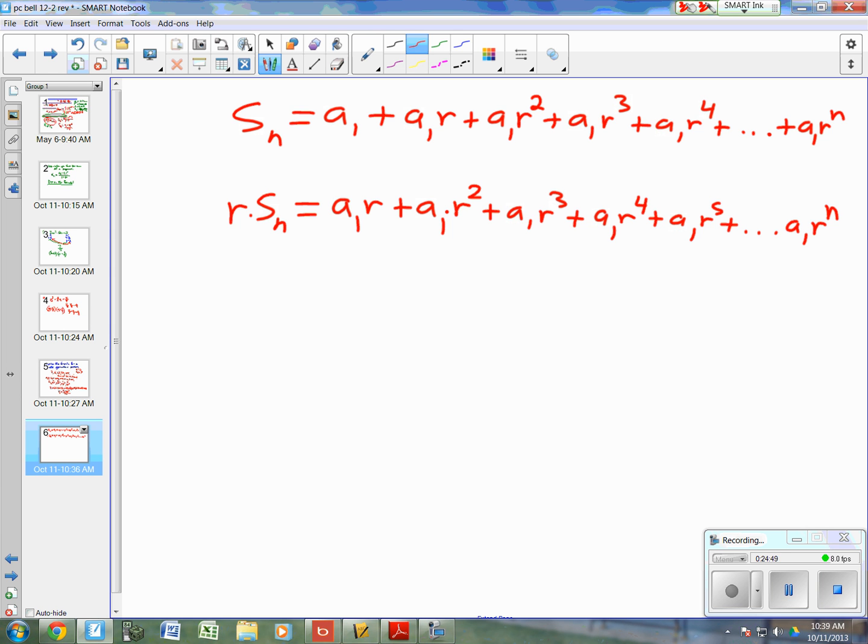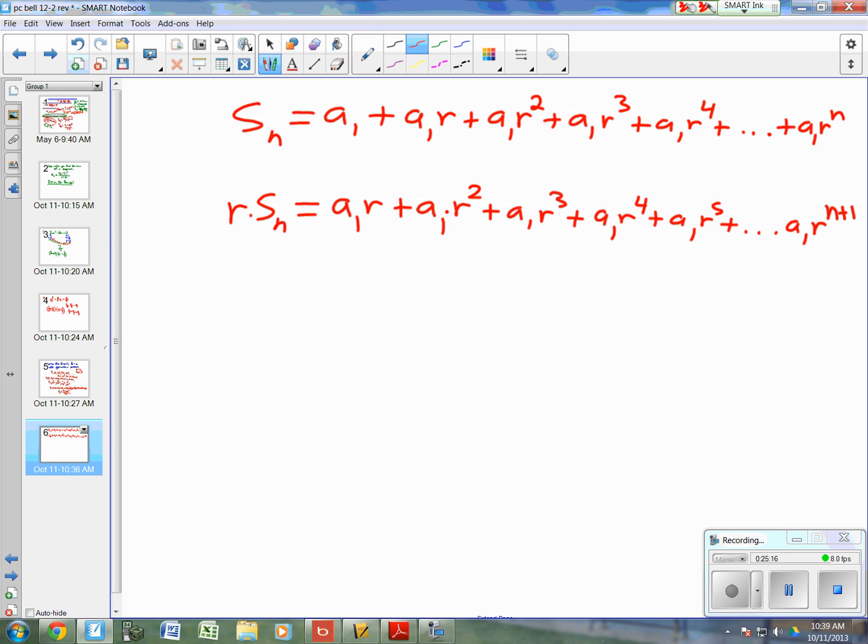What? Is it to the n minus 1? Because if we times, n plus 1, wouldn't it be? Because didn't we have an extra r on the end of each one of these? All we did is times both sides by r. So over on the right side, I have to distribute. I have to times every term by r. So all it did is raise r one more time.